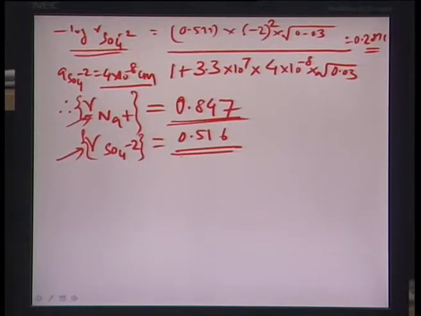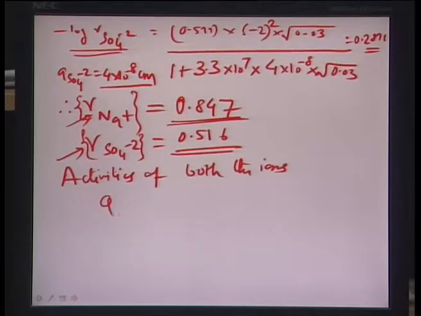Now, if you want to look at the activities of both the ions, Na plus, and this A is the activity, do not confuse it with the ion size parameter. Let us just get a different name here for convenience sake.